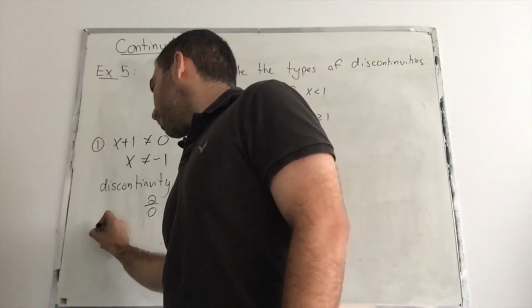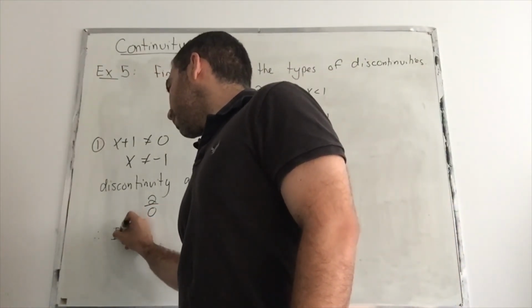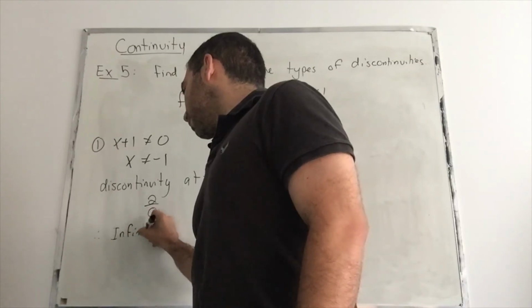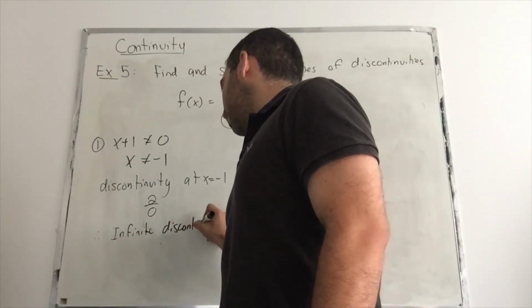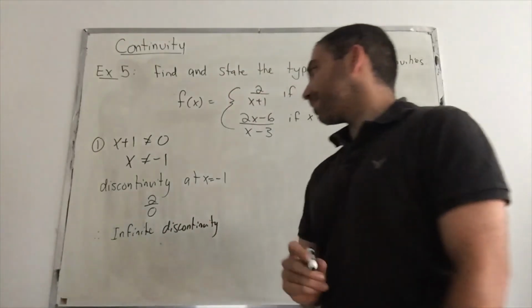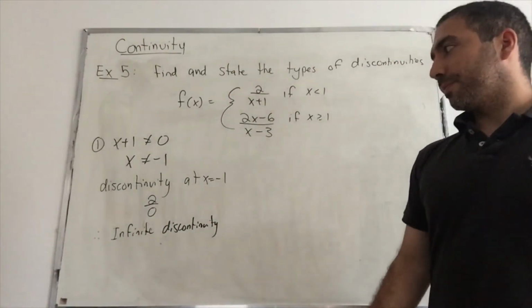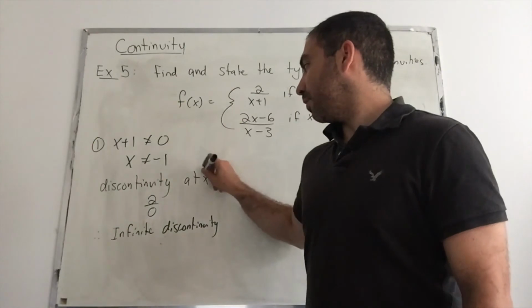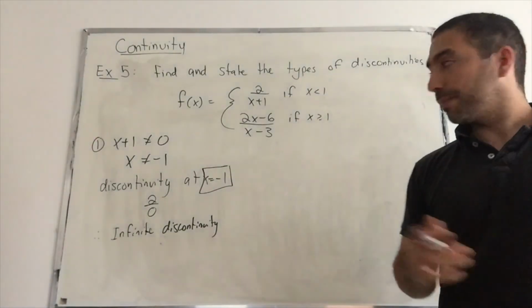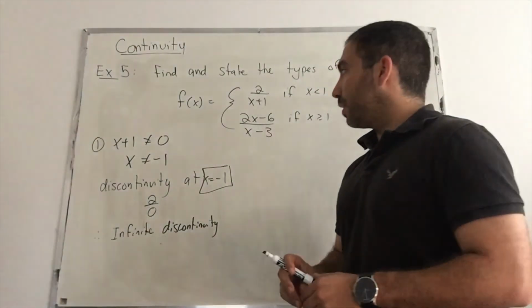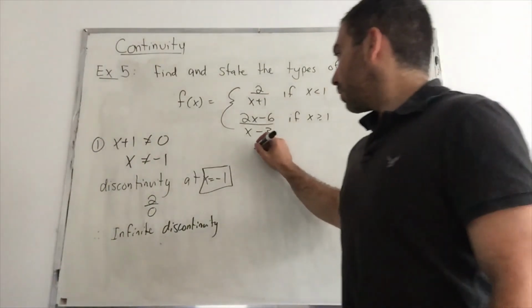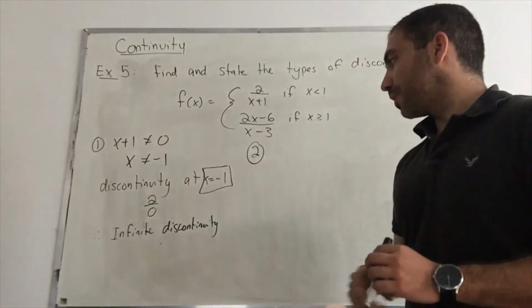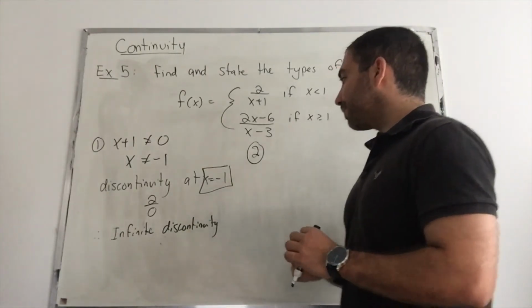So therefore, we have an infinite discontinuity here. So x equals negative 1 is an infinite discontinuity. Next, we could check the denominator here on the second branch.